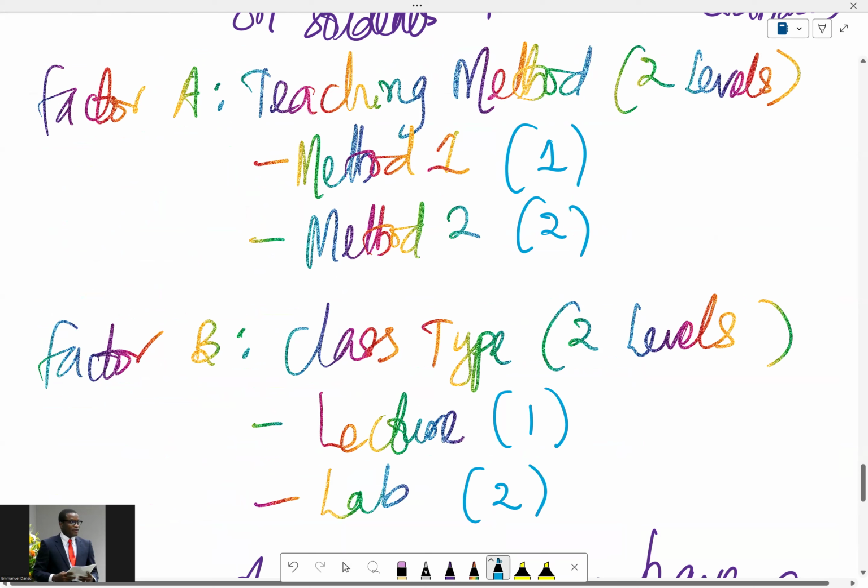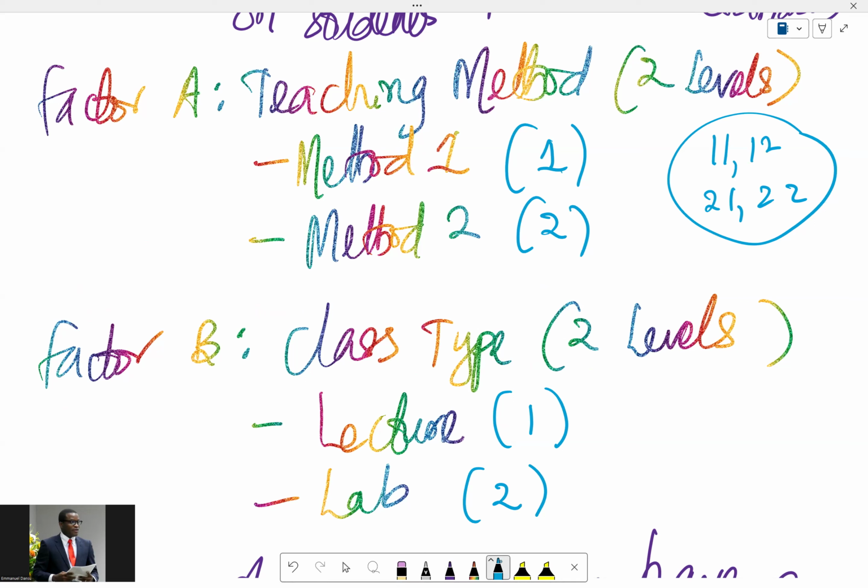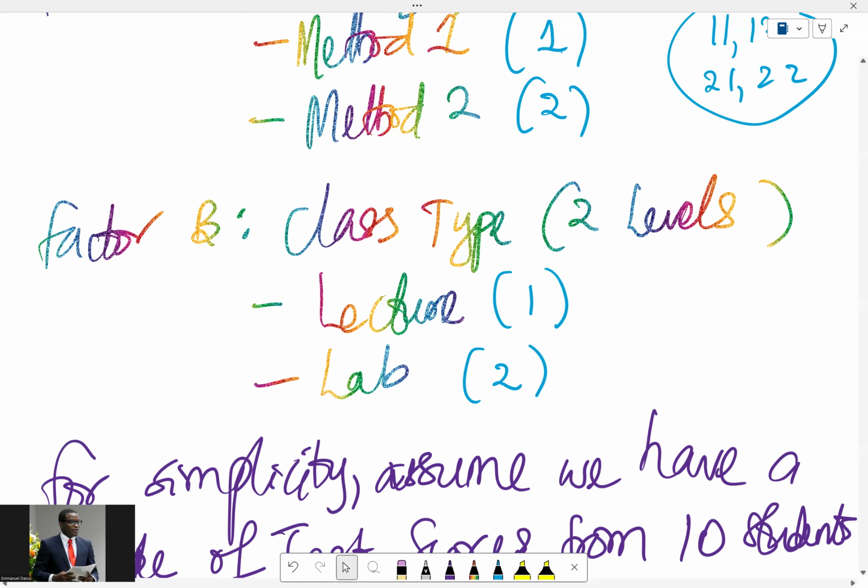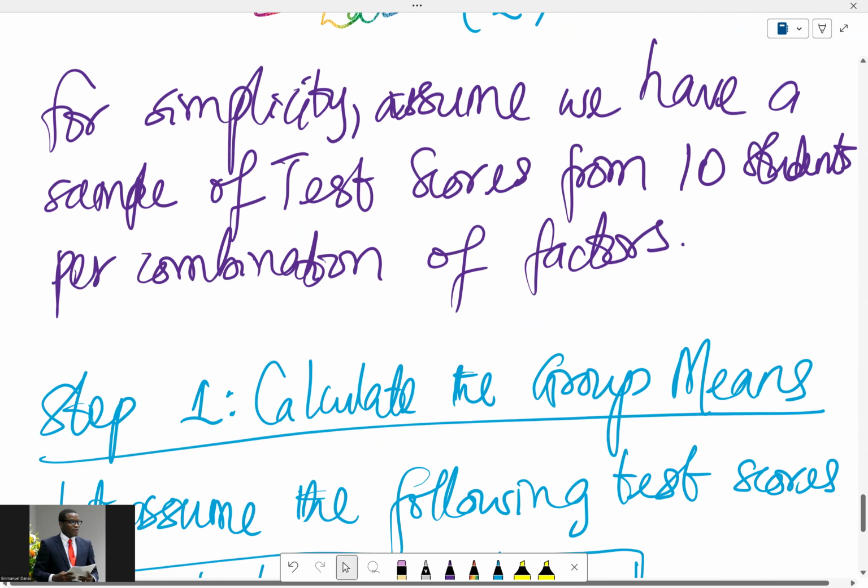So the combinations can now be something like one, one; one, two; two, one; two, two. When you have one, one, you're saying method one lecture, and one, two is method one lab, then two, one is method two lecture, two, two is method two lab. Let's follow it that way for easy comprehension.